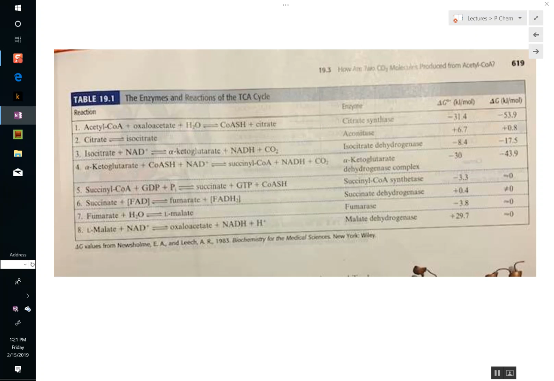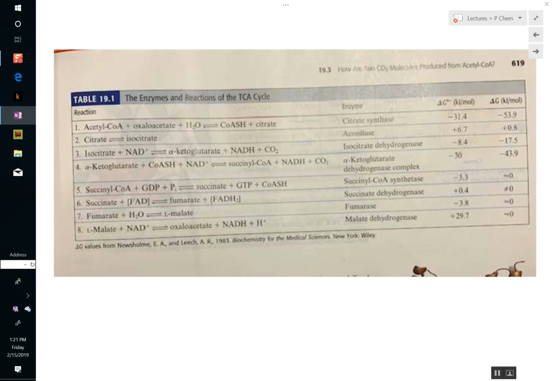Isocitrate to alpha-ketoglutarate, again, exothermic. The next step from here to succinyl-CoA, exothermic. Succinyl-CoA to succinate, just mildly exothermic. Almost no energy whatsoever. So when you see a situation like this, it's basically just an equilibrium reaction. It's reversible.